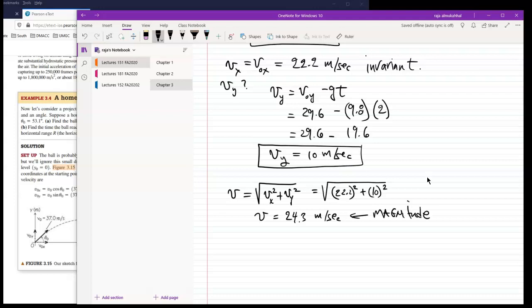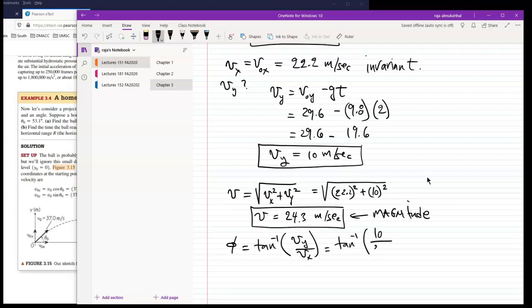Now the direction of that velocity. How do I find the direction? Go back to vectors. Remember the vectors? Phi, the direction, will be tan inverse of Vy over Vx. Remember that? We talked about that in chapter 1. How do you find the direction of a resultant vector? So it's just going to be tan inverse. What's Vy?